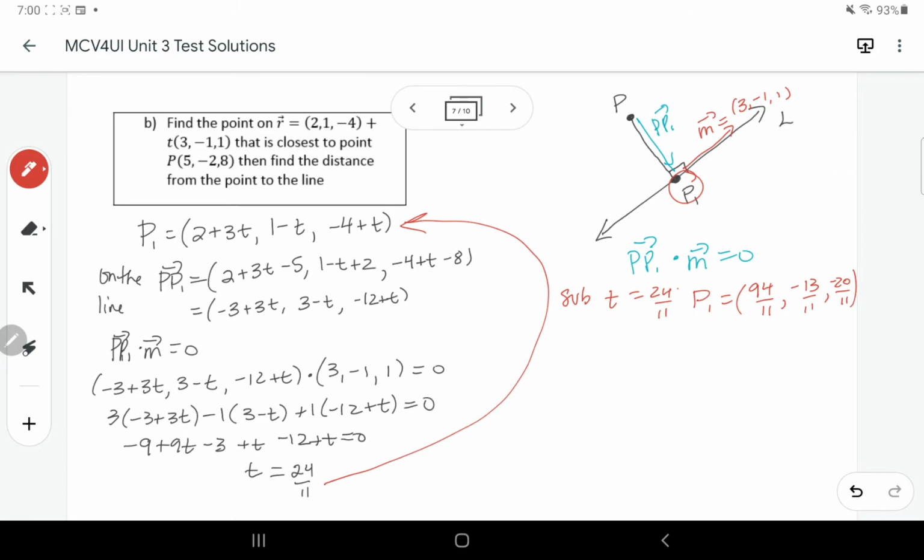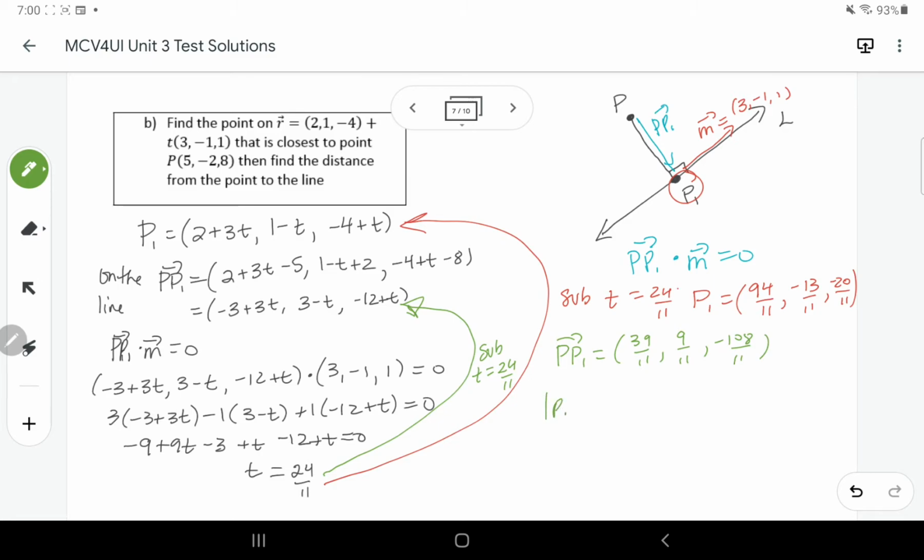Then I'm also going to put this into the vector P1 and find the magnitude. So we're subbing t equals 24 over 11 into the vector, and we get 39 over 11, 9 over 11, and negative 108 over 11.